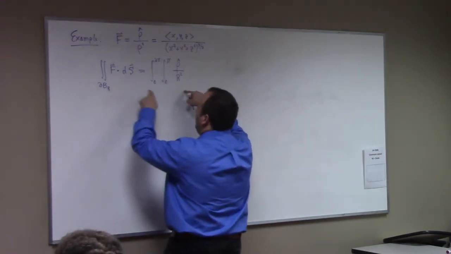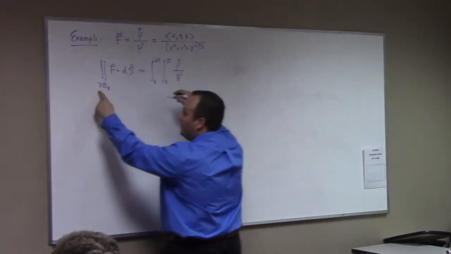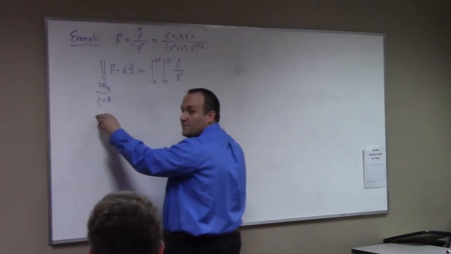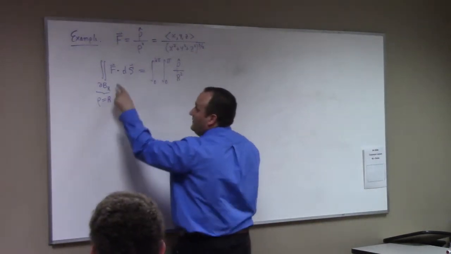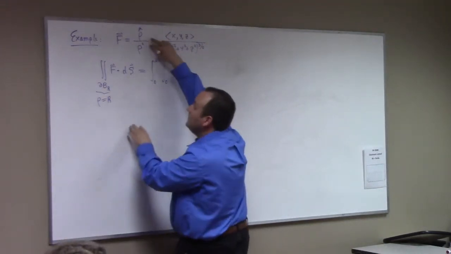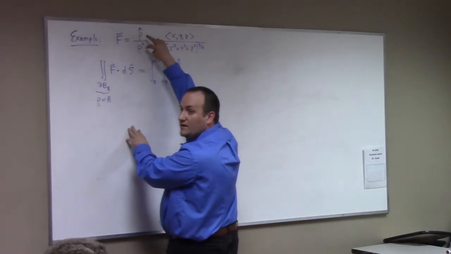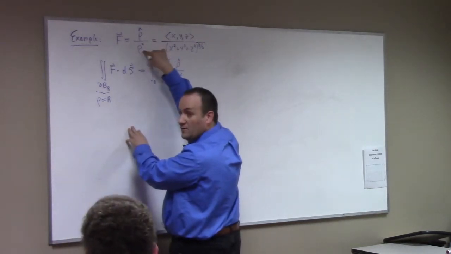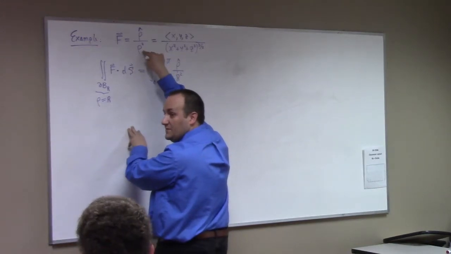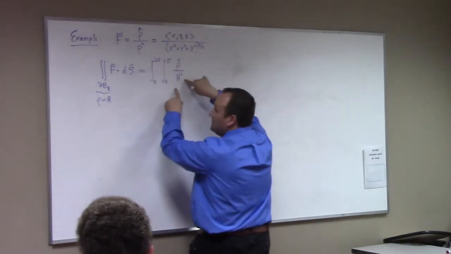See, F evaluated at this. What is the formula for this? The formula for this is rho equals r. Theta and phi are free. So when I evaluate the vector field at the surface, and I'm using spherical coordinates, all I've got to do is just set rho equal to r. That is it. That is what evaluation of the vector field looks like in spherical coordinates. Isn't that nice?